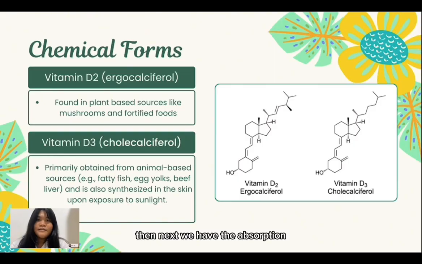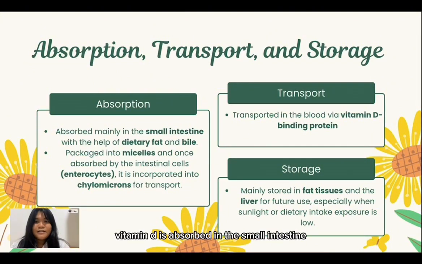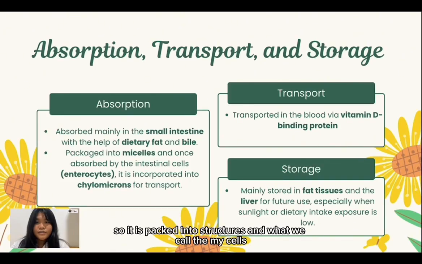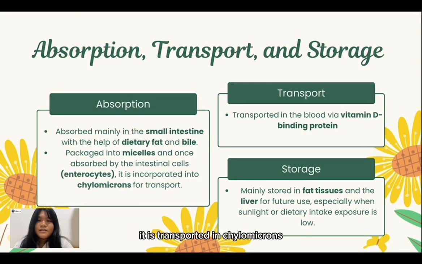And then, next, we have absorption, transport, and storage. As for absorption, vitamin D is absorbed in the small intestine with the help of dietary fats and bile. It is packed into structures we call micelles. Once absorbed by intestinal cells, or enterocytes, it is transported in chylomicrons.